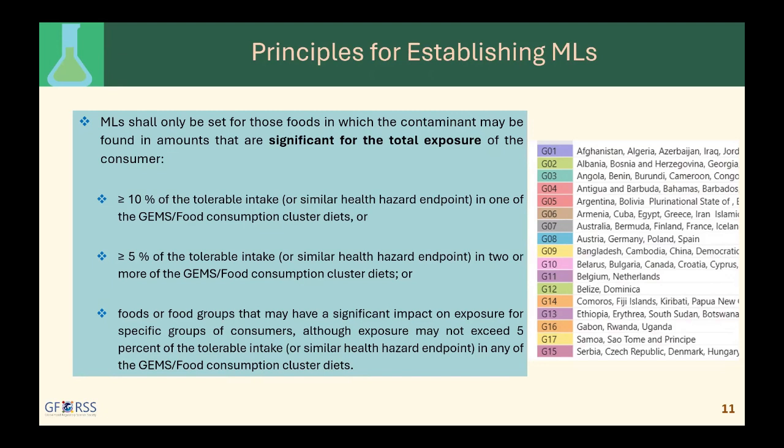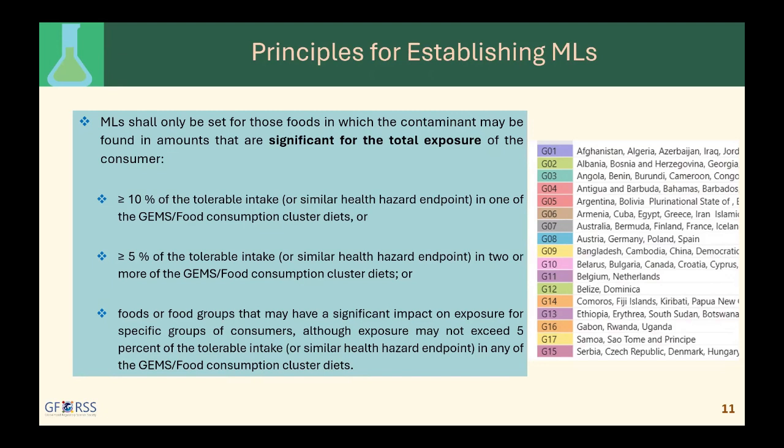They will do their calculations. They will do the exposure calculation using the consumption data from each of those cluster diets. If they find that for one or more of those GEMS food consumption cluster diets, the exposure is showing that this food commodity is contributing to more than 10% in the exposure to this contaminant, they will say we have to set an ML for this food commodity.